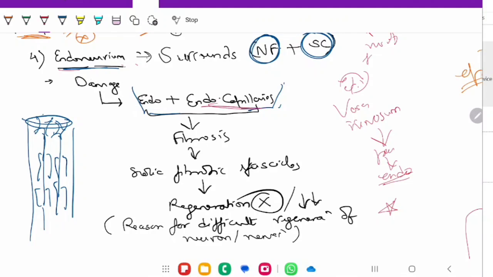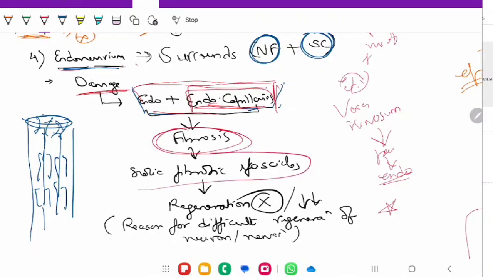Now these are the same endo capillaries which are receiving supply from vasa nervosum. So along with endoneurial, if they ever get damaged, again they will cause fibrosis, and they form solid fibrotic fascicles.